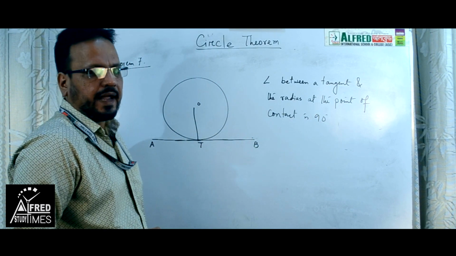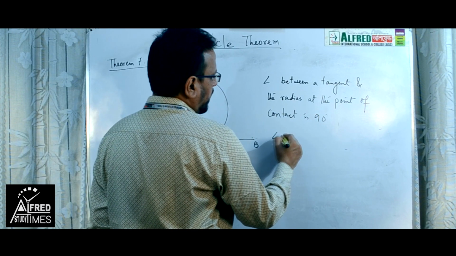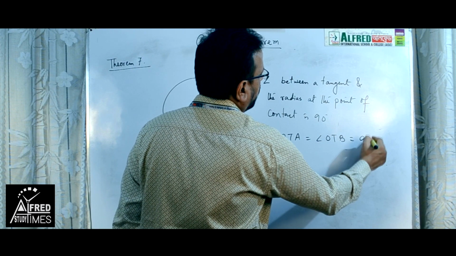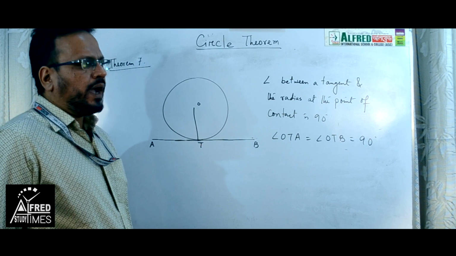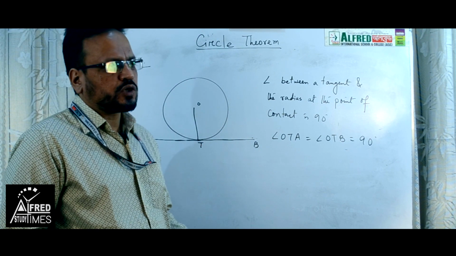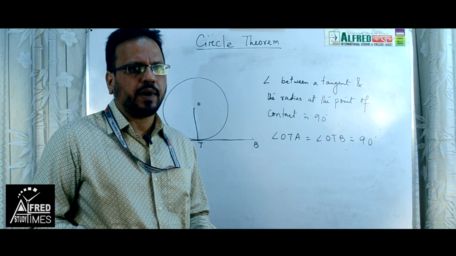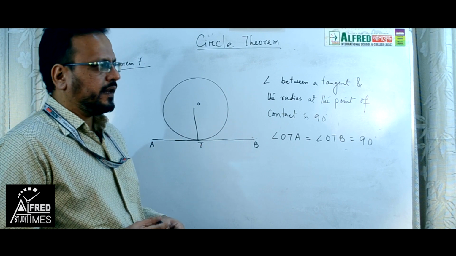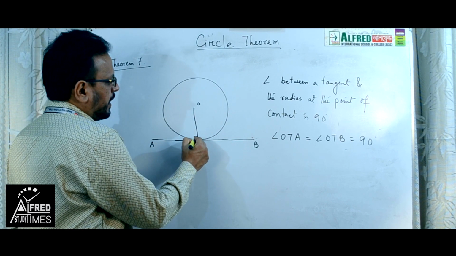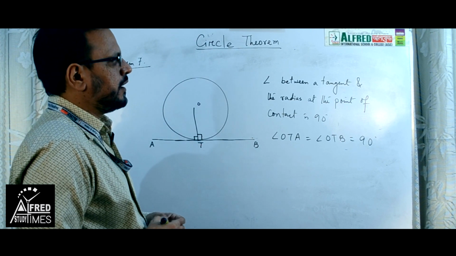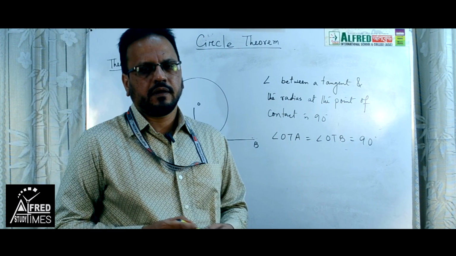So angle OTA is equal to angle OTB is equal to 90 degree. Why? Because this is the shortest distance from the center to this point, and shortest distance is the perpendicular distance. So this angle is 90 degree. Angle OTA and angle OTB, they are 90 degree. This is theorem number 7.